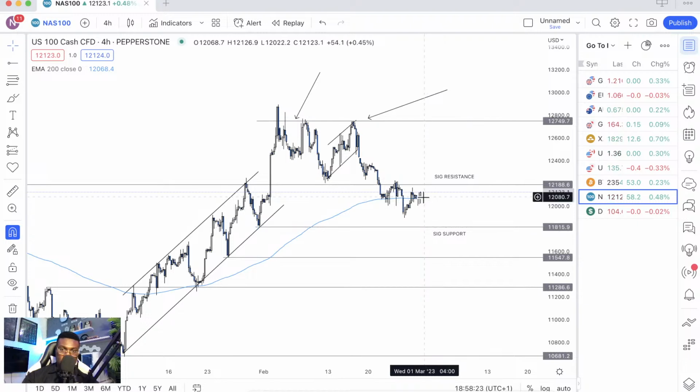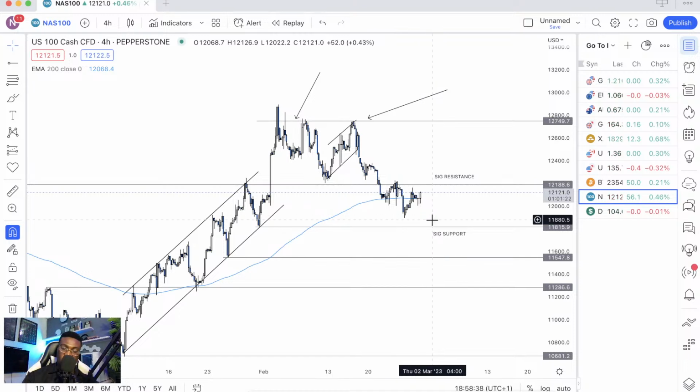Because if there's a rejection at this significant resistance level, then it's headed down to the support level, right? If you look here, you can see that this has served as a support level for the Nasdaq market.